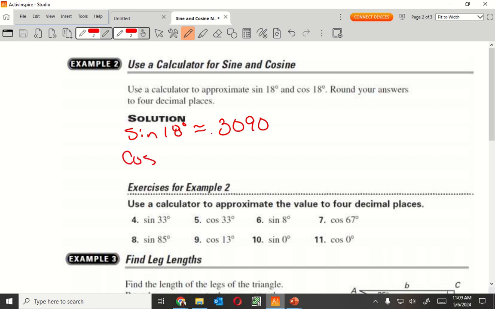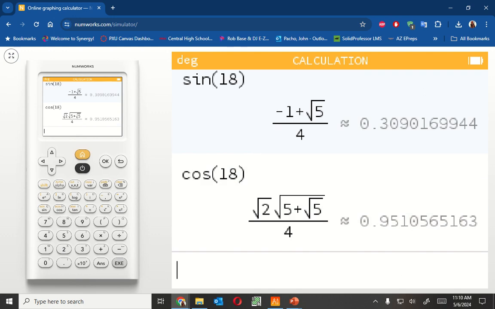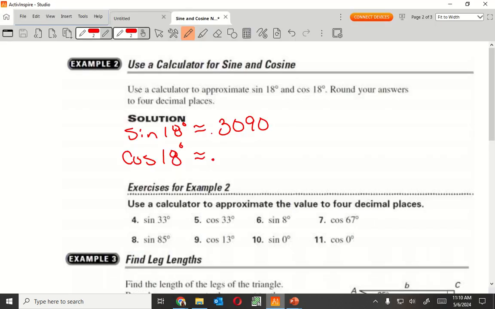And then cosine 18 degrees. So cosine, I get 0.9511. There you go.